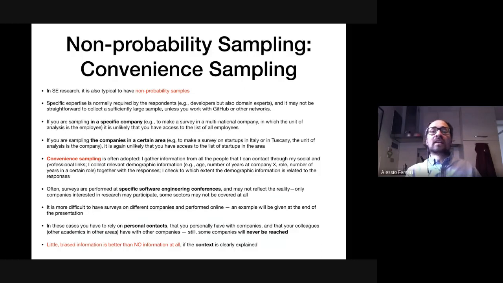So it is true that in surveys it is always preferable to use probability sampling, yet in many cases you resort to convenience sampling in software engineering.